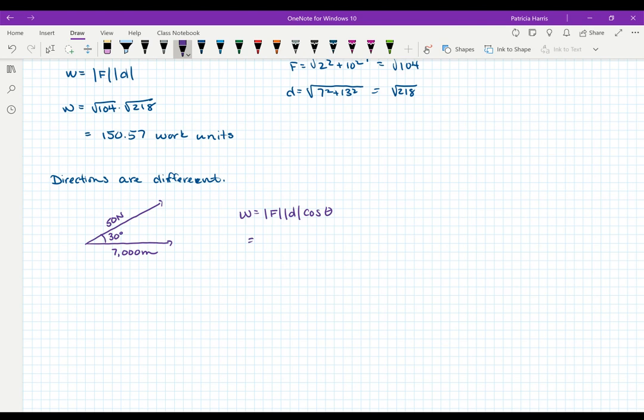Okay, this one looks harder than it is. So we simply just plug everything in. So 50 times 7,000 times cosine 30. And this would be in joules because it's in newtons and meters.